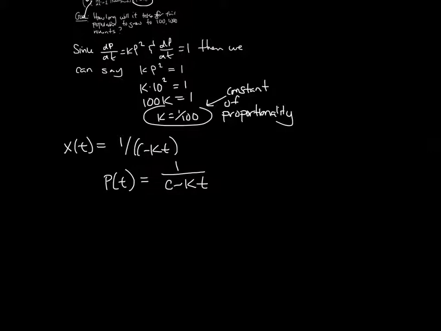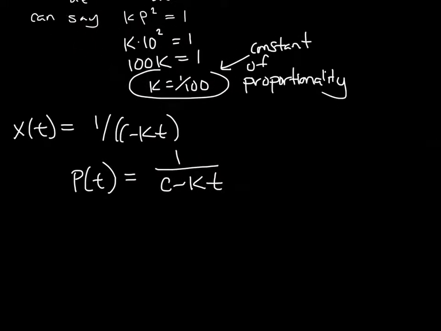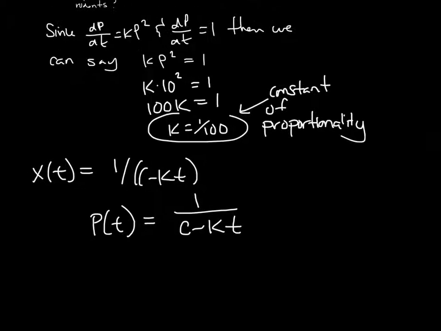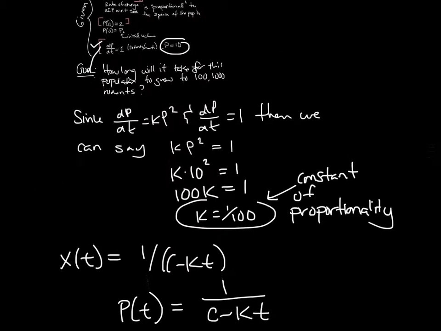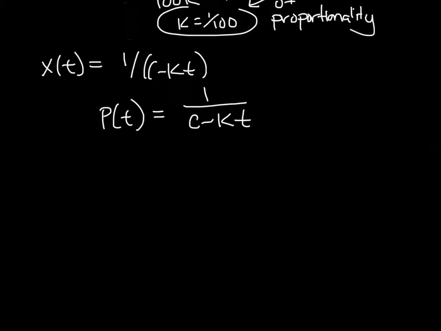But we know what k is, and we want to find c. So let's use what we have. Our P of 0 equals 2, right? We haven't used our initial condition, way up here, P of 0 is 2. So P of 0 is 1 over c, I'm going to leave c alone because that's what we want to find, minus k, which is 1/100, times t.